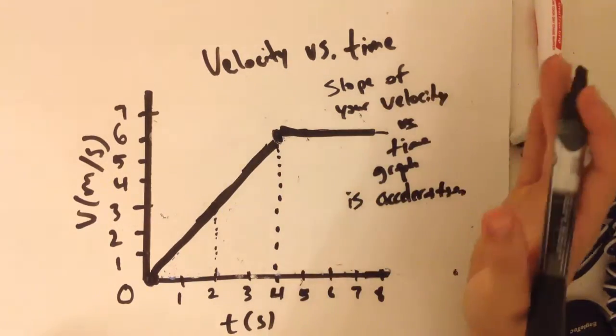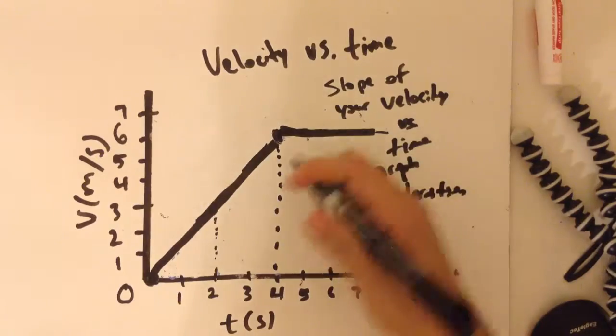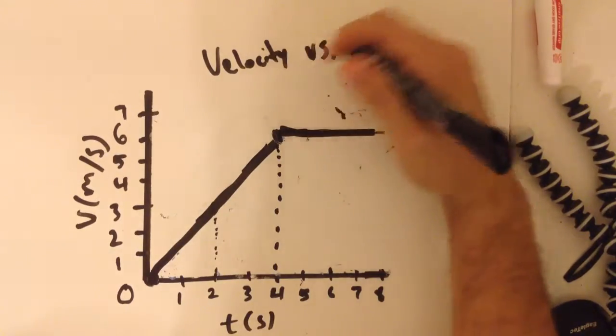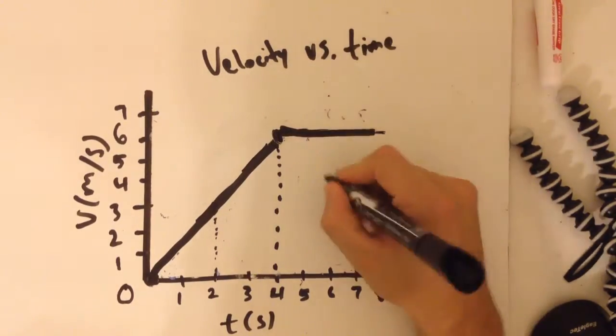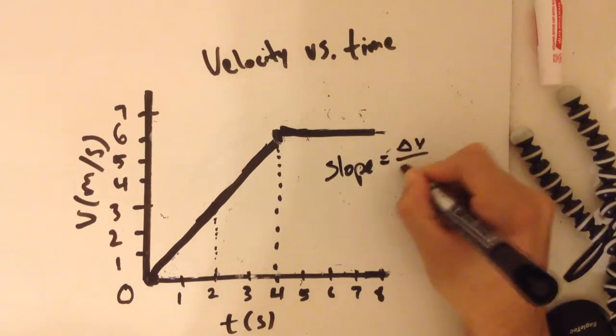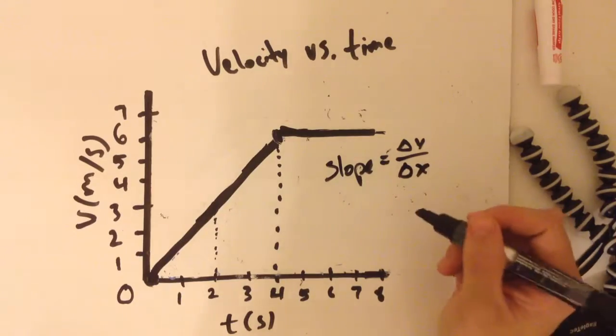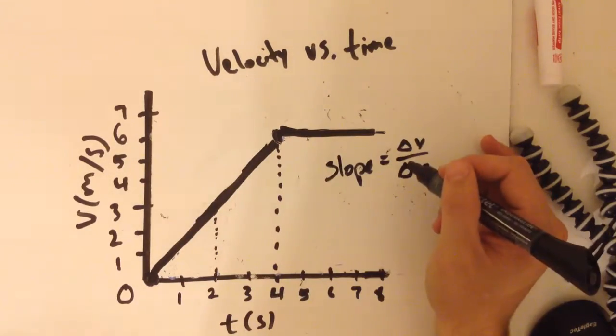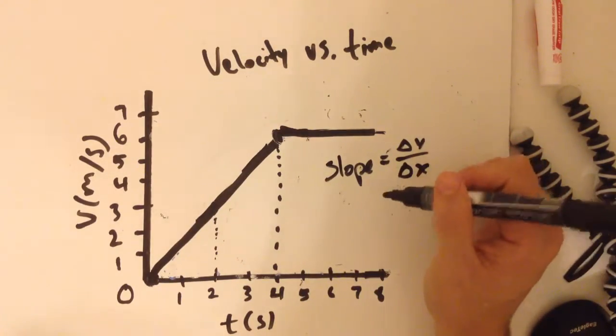Slope is going to be rise over run, so we're using this formula. Slope is delta y over delta x. So we need to find out what our x values and y values are.